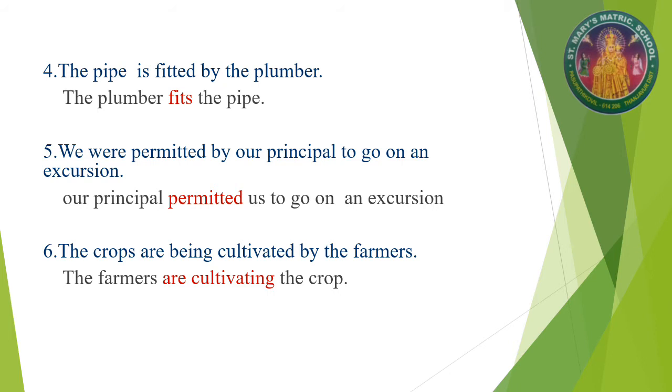Here see what type of tense it is. Only one pipe, so it is a singular present tense. Is fitted is present tense, so you have to write fits. If it is present tense, write fits; if it is past tense, write fitted. So the plumber fits. Remove the by in the active voice, and write the subject as the object, the pipe. Do you understand?